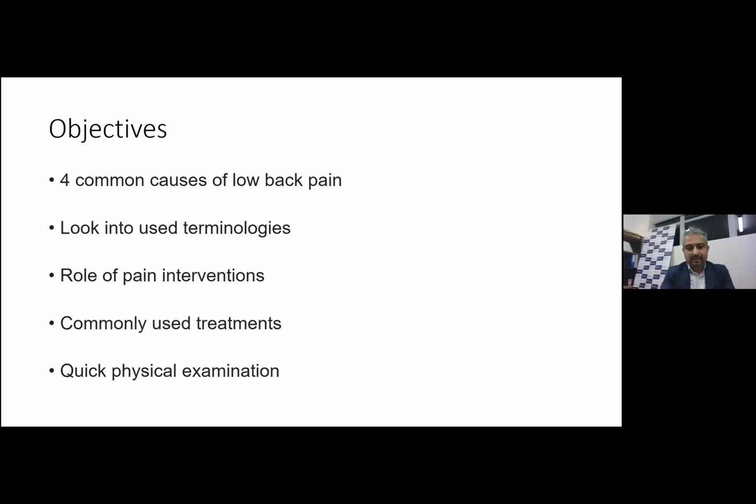To add to the presentation, I'm including some information about common terminologies we use in our correspondences and reports. As per interest, I'm going to talk about some pain interventions and the treatments that I use often.